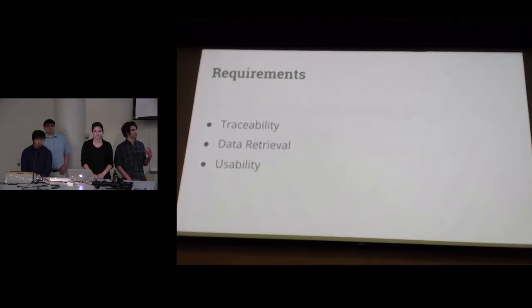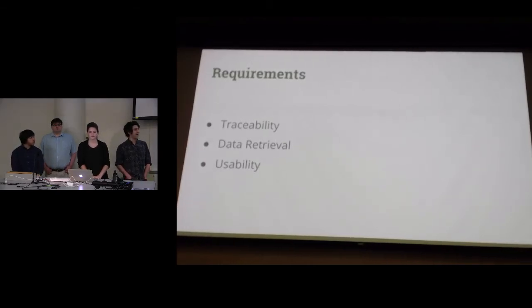So we want to make sure that if the user knows what they're looking for, they're able to get it reasonably well. And also usability. As you can see with those spreadsheets, you would require a lot of domain knowledge and expertise with Excel to have a productive time using that. So these were some of the goals that we wanted to accomplish with our product.